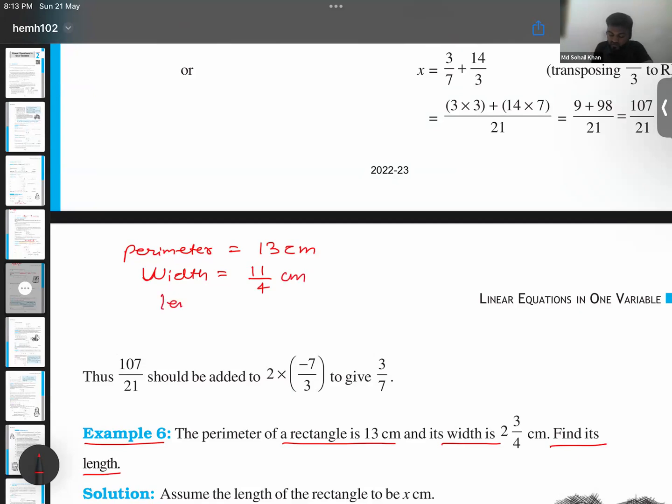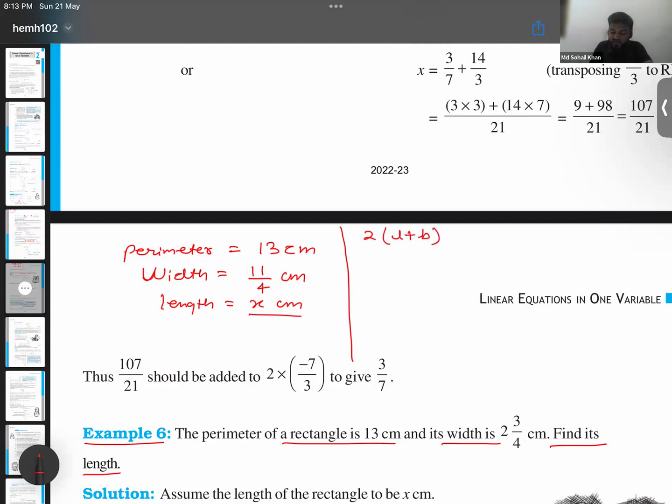So we need to find its length. Okay. So you need to assume the length to be any variable. Let's assume it to be x centimeter. Okay, we have assumed length to be x centimeter. Now we know already that the formula to find perimeter of a rectangle is 2 multiplied length plus breadth.